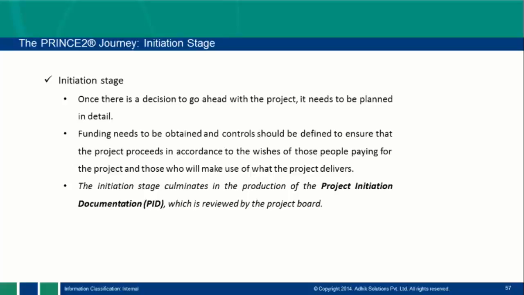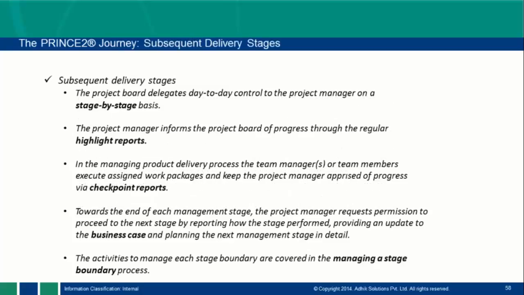The initiation stage culminates in the production of project initiation documentation, which is reviewed by the project board. After all the planning, we put it in the PID, the project initiation documentation. That document is then reviewed by the project board, because these are the directing people. So this is my initiation stage, second.